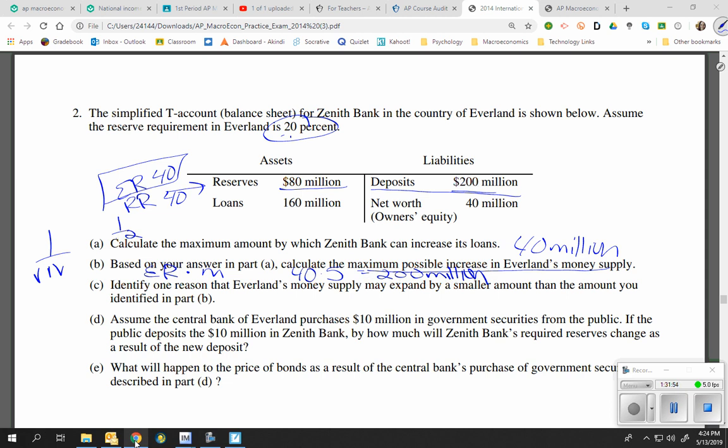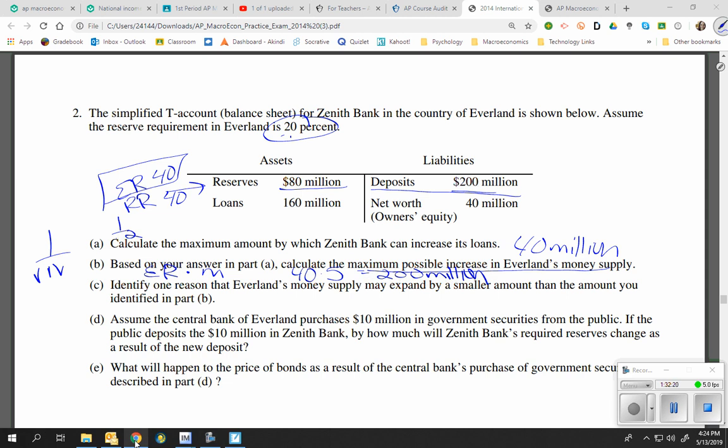The Federal Reserve is buying bonds from you and giving you money, and you are then going to deposit that money into a bank. So the public is depositing the money they were given for selling the bond.